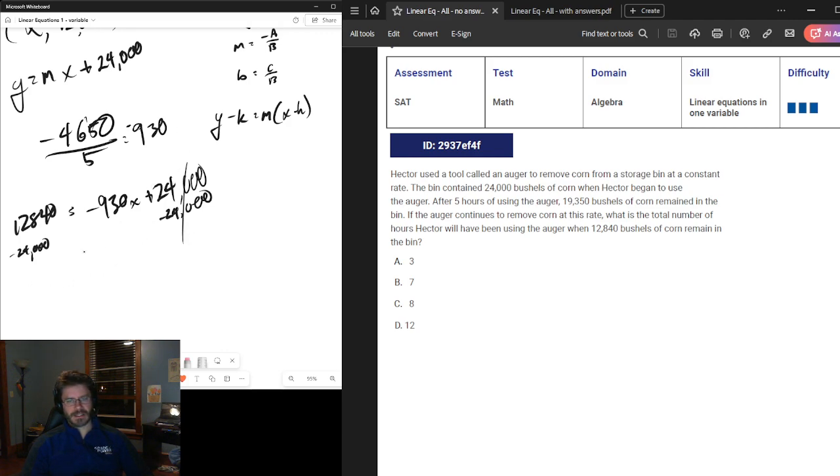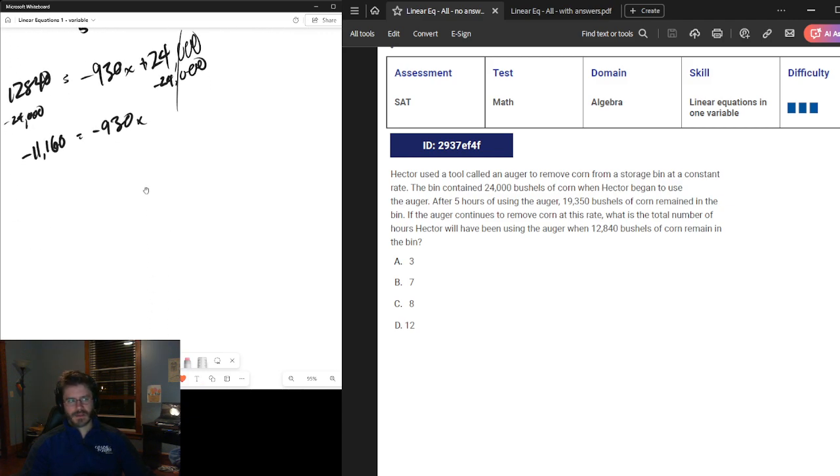Cancels out on the right-hand side. 12,840 minus 24,000 is negative 11,160. Don't let that negative throw you, because our right-hand side, remember, is negative 930. So those negatives are going to cancel out, because the next thing we're going to do is divide by negative 930.